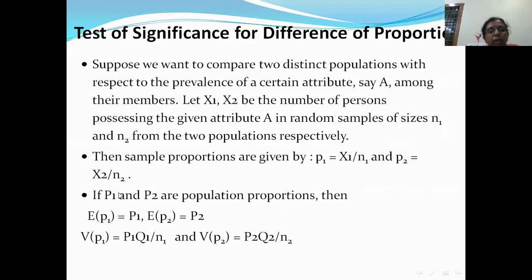If capital P1 and capital P2 are the population proportions, then we have already proved that expected value of small p1 is capital P1, expected value of small p2 is capital P2, and variance of small p1 is P1 Q1 by n1 and variance of small p2 is P2 Q2 by n2.